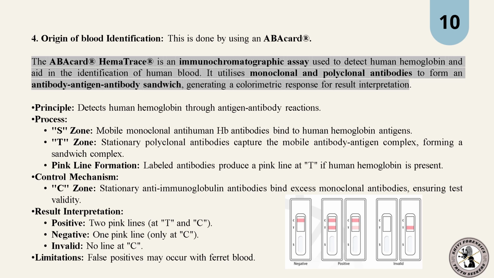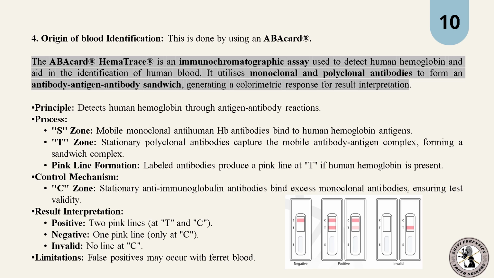Now monoclonal are the ones that will attach to a single site or a single specific antigen. They will not attach to multiple. They will attach to a specific region or a specific antigen. But on the other hand, polyclonal will attach to multiple regions. So that is the difference between the two.